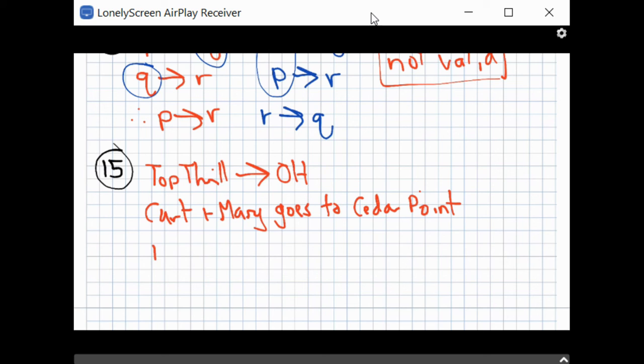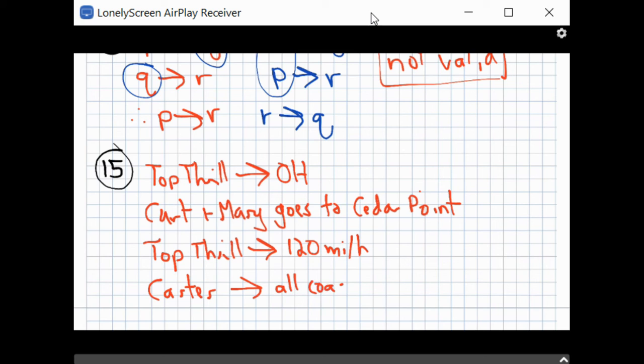So that's saying if Top Thrill, then you're going to go 120 miles an hour. I'm just trying to lay out these statements. The last one says when Carter goes to an amusement park, he goes on all the roller coasters. So if it's Carter, then he is going on all coasters.